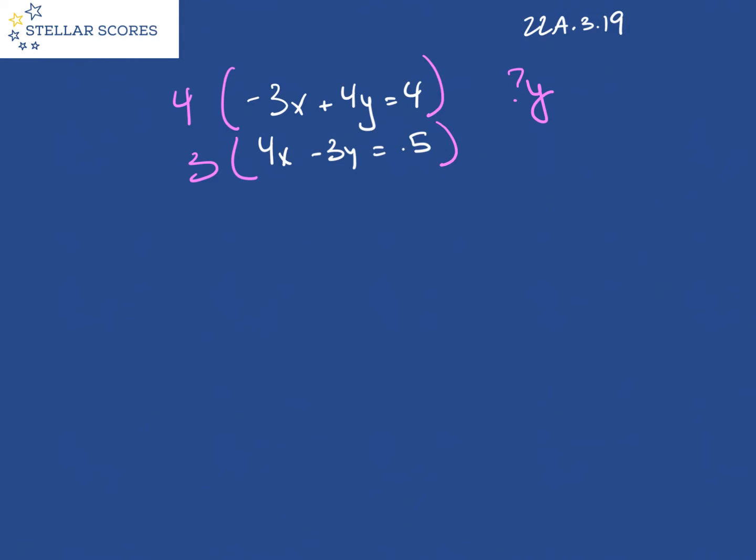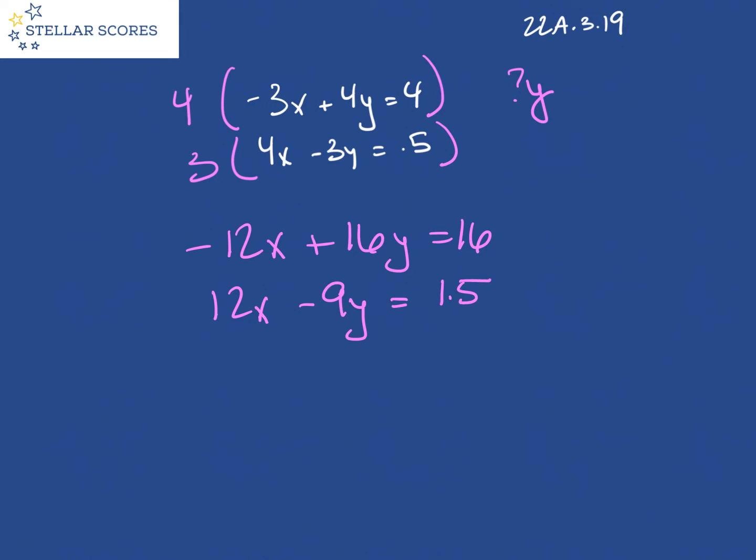So let me take that top equation and multiply through by 4. So I'm going to get negative 12x plus 16y is equal to 16. And now let me multiply through the bottom equation by 3. So then I'm going to get 12x minus 9y is equal to, 3 times 0.5 is going to be 1.5. Now look at this.